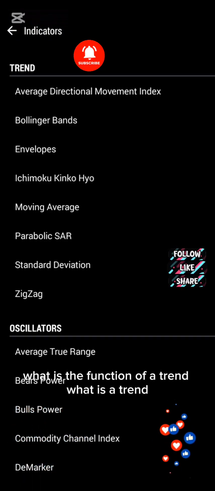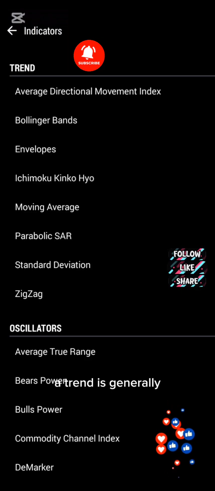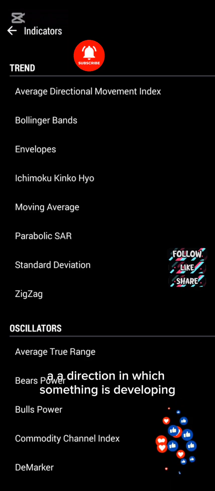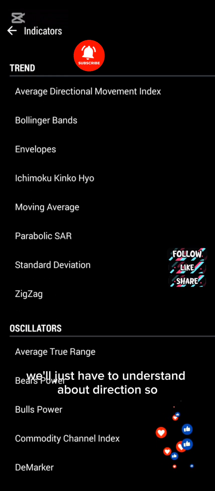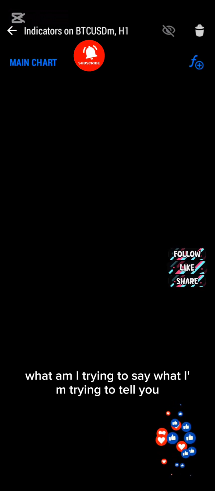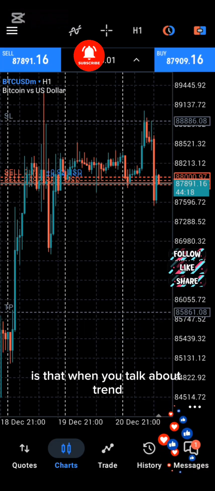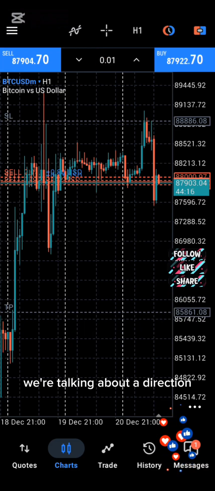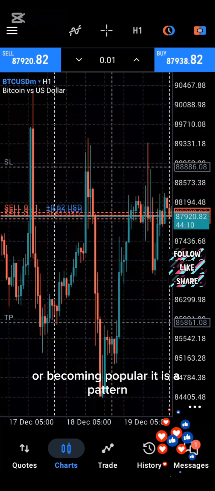What is a trend? At its core, a trend is generally a direction in which something is developing. So when we talk about trend, we just have to understand direction. What I'm trying to tell you is that we're talking about a direction where something is developing or changing or becoming popular.